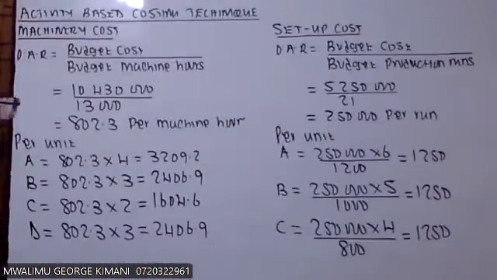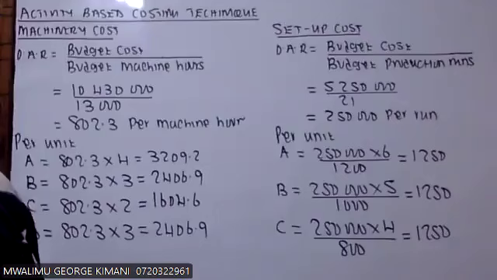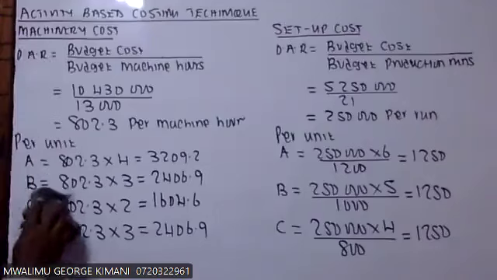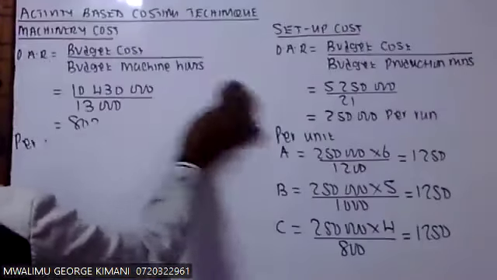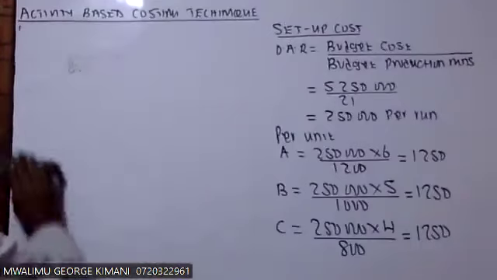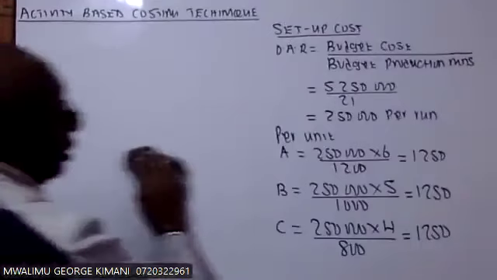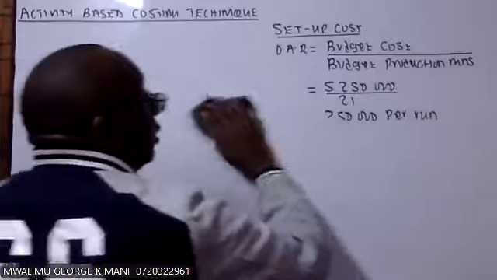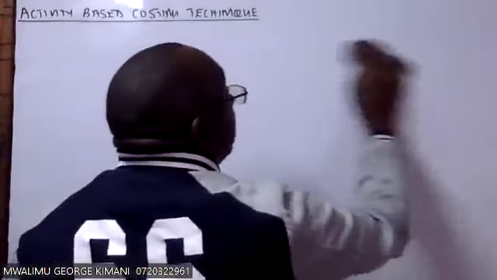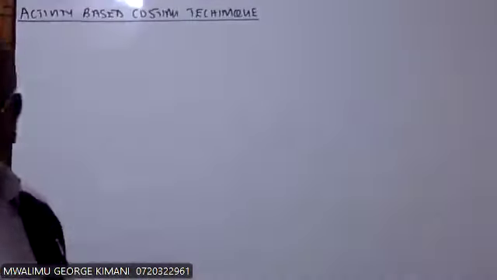Then do the same for D and tell me whether you are getting 1,250. Do the same for D. Tell me whether it's coming back to 1,250.